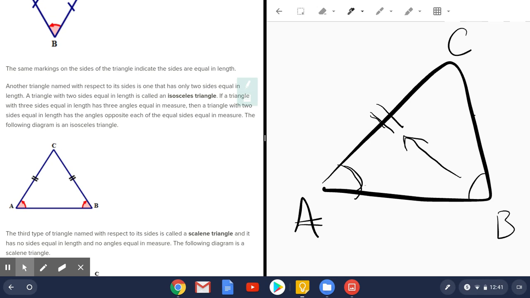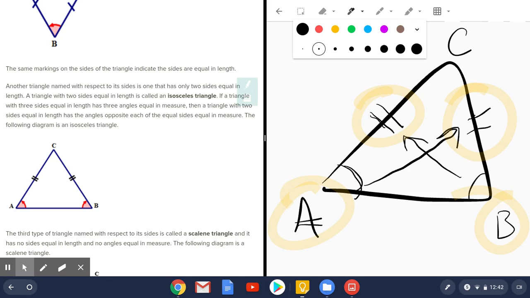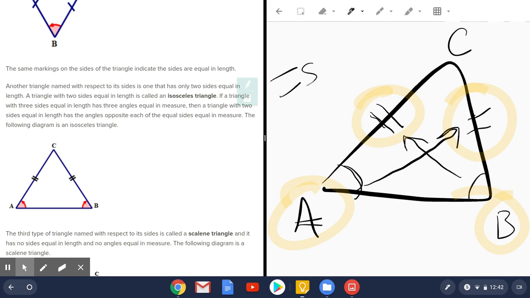In angle A, it would be this side right here. They have the same length of their sides, right? See that right here? Same length corresponds with our angles. This is what we would call an isosceles triangle, friends. So an isosceles triangle is a triangle with 3 sides.